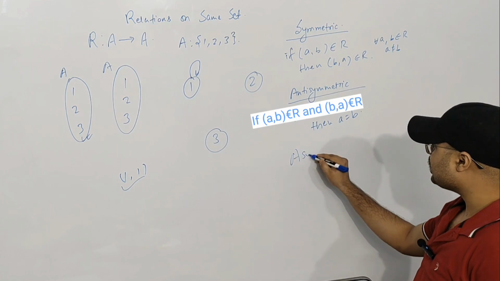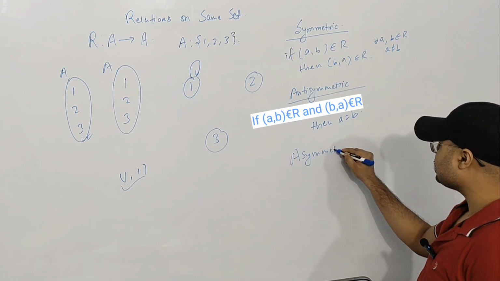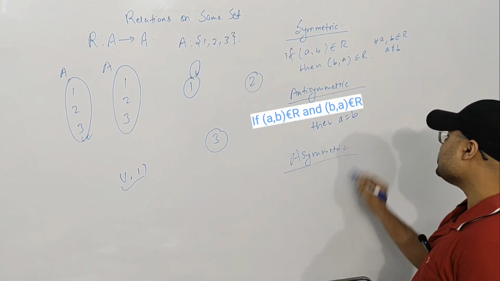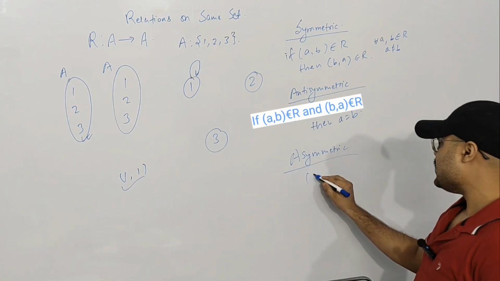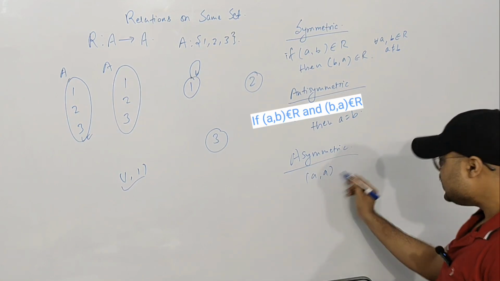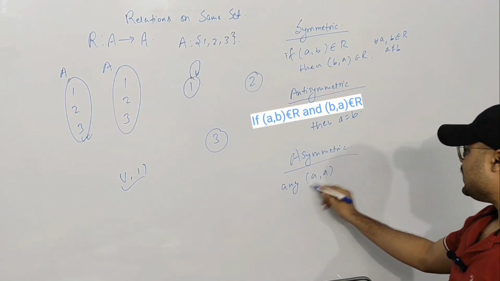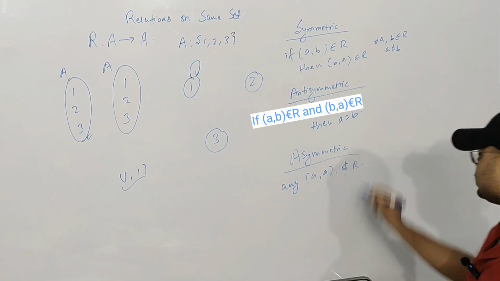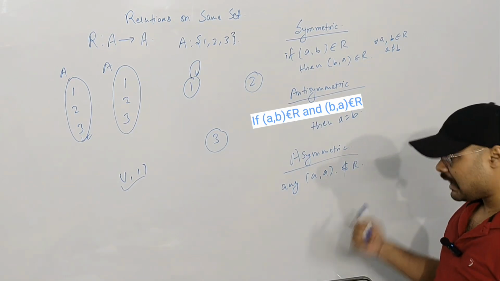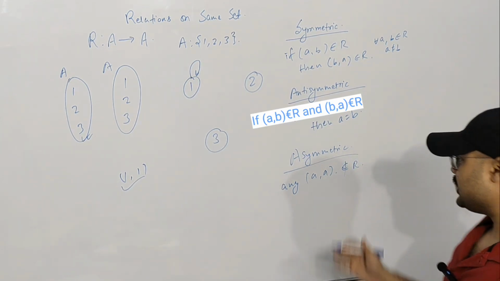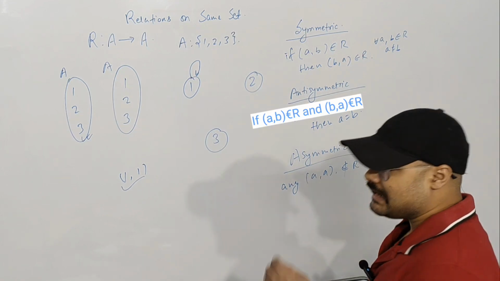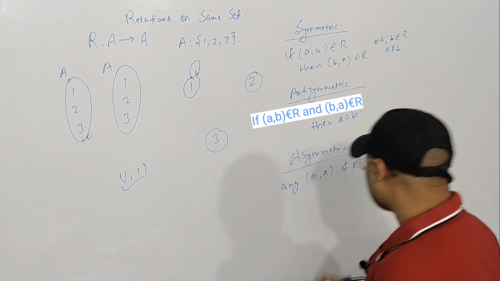And what is asymmetric? Asymmetric is that any a comma a does not belong to R. There cannot be any case where an element is related to itself.